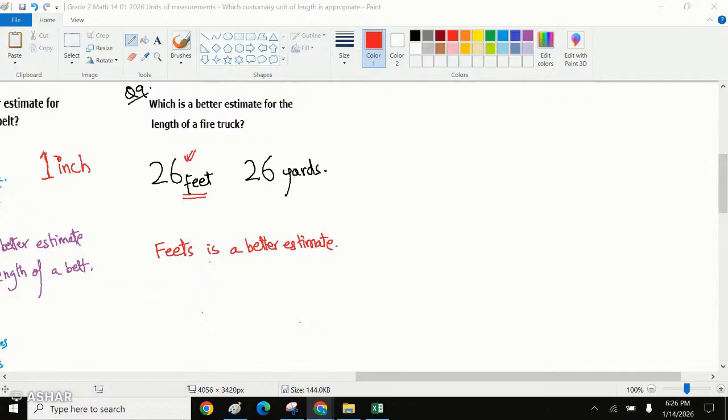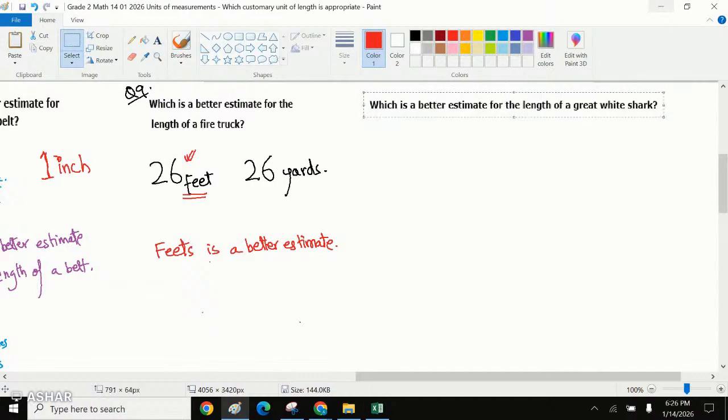Or you say the distance between my home and my school is 10 centimeter. That's not understandable, right? It could be 10 kilometers or it could be 10 miles. So what we are trying to do is look at the preferred units that can be used in order to find lengths of particular shapes, right?